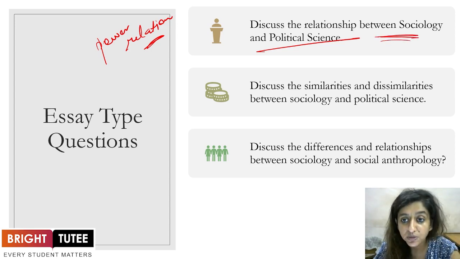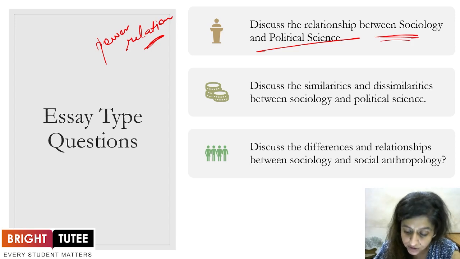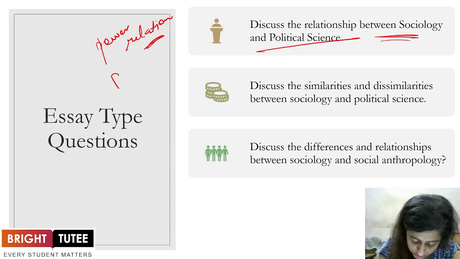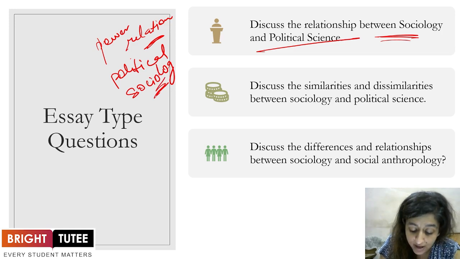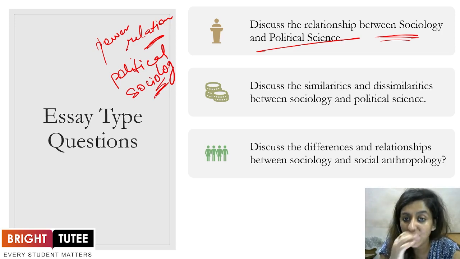The interface between sociology and political science is known as political sociology. So you can mention political sociology here, and also how these two are related in the context of power and understanding power dynamics.